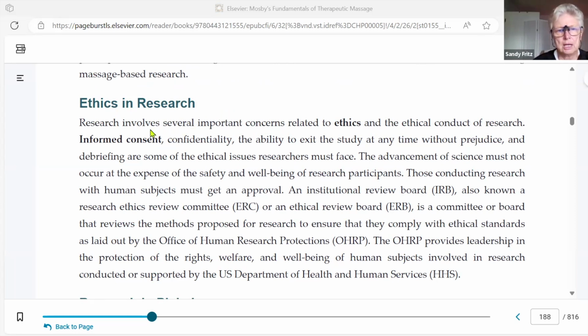And there are oversight boards with that, specifically in human research, but also all kinds of animal-based research. You have to go through what's called an institutional review board, an IRB, or an ERC, or an ethical review board. You may hear these topics.